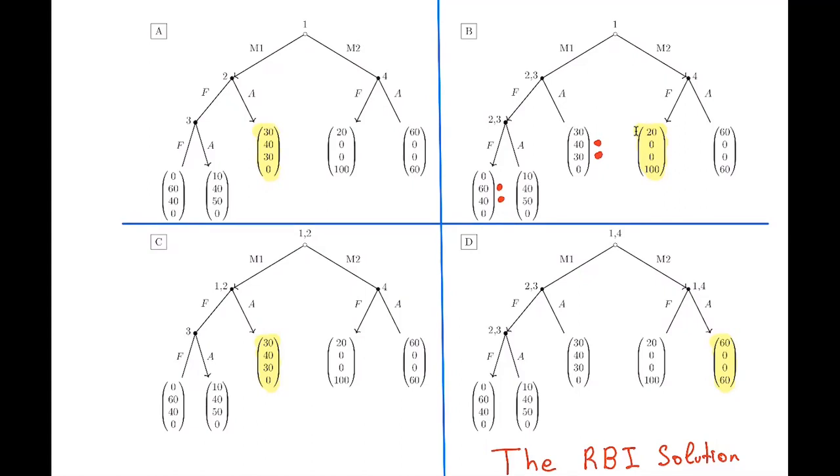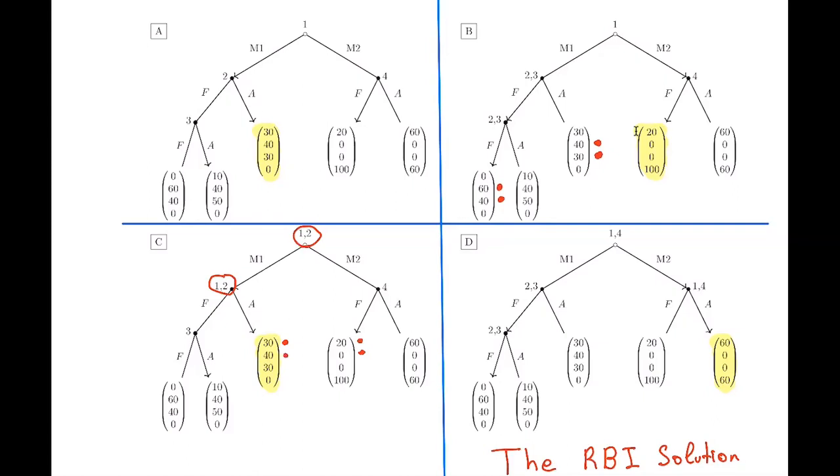Notice that if player 1 and player 2 cooperate, player 1 chooses M1, player 2 chooses A, then both player 1 and player 2 become strictly better off compared to the solution in step B. So let me just point out these two payoffs, and therefore player 1 and player 2, as shown over here, have strict incentives to form a coalition and best respond with the choices given there.